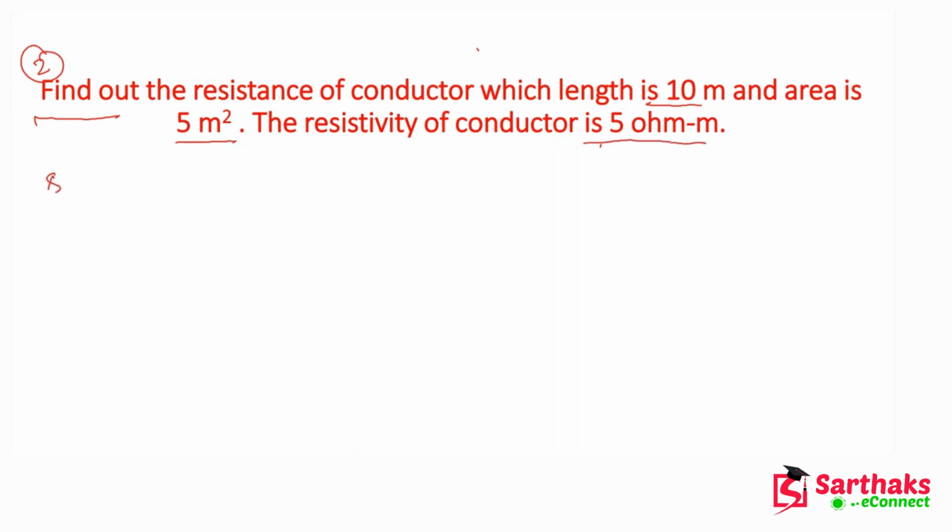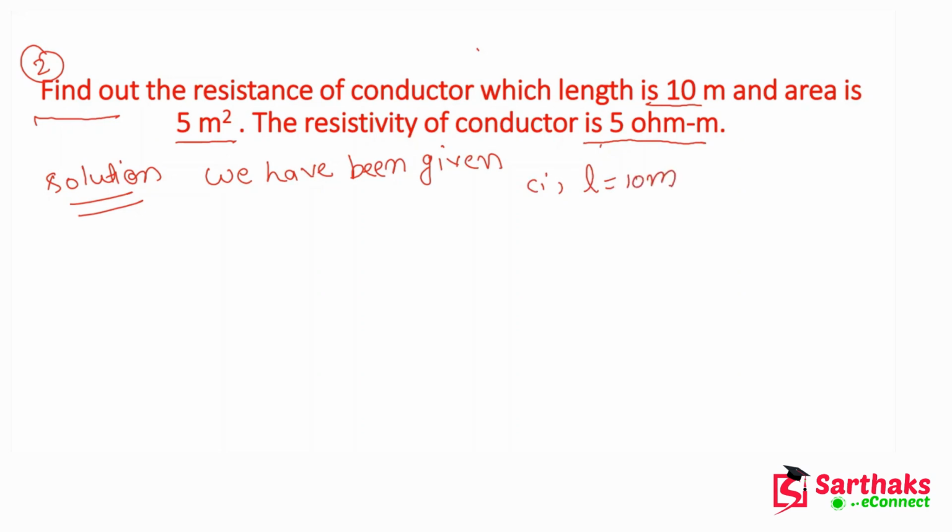So again we will do the same thing. We will simply write down all the data which we have been given. So first thing is the length. So the length is 10 meter. Okay.